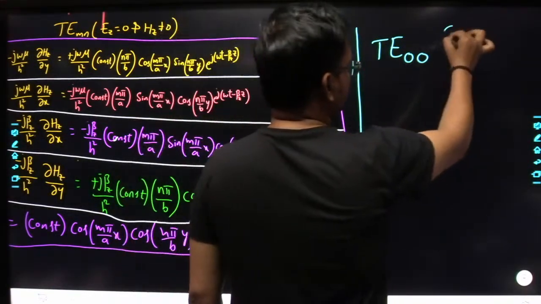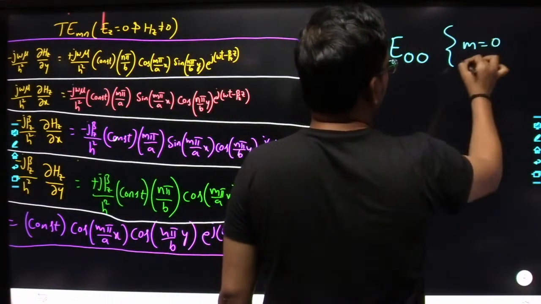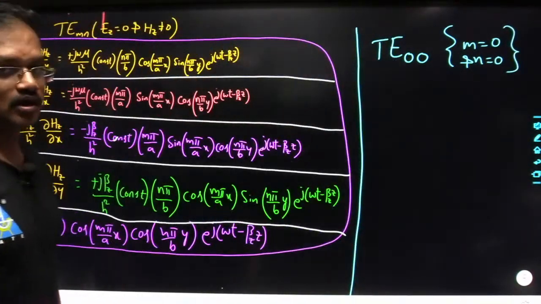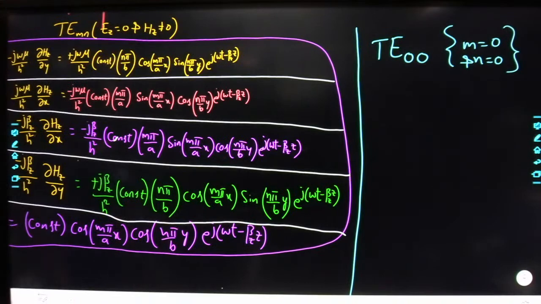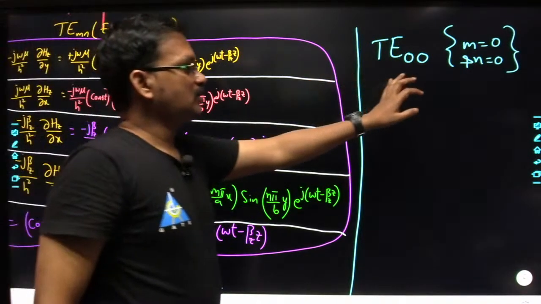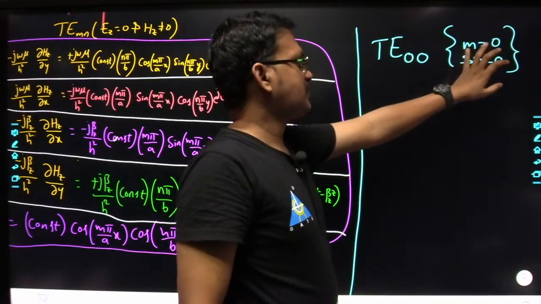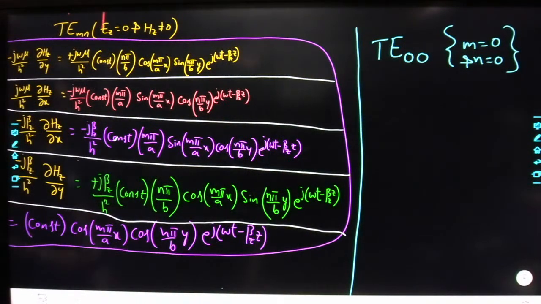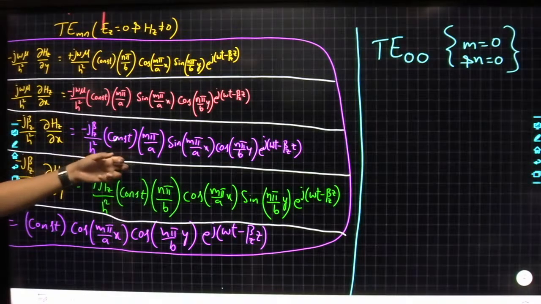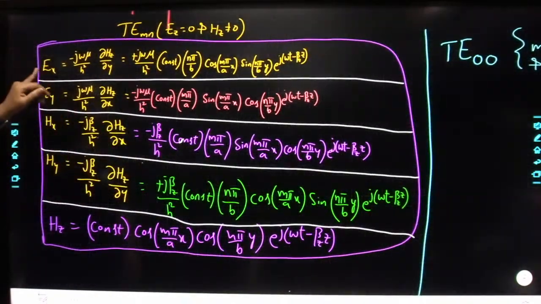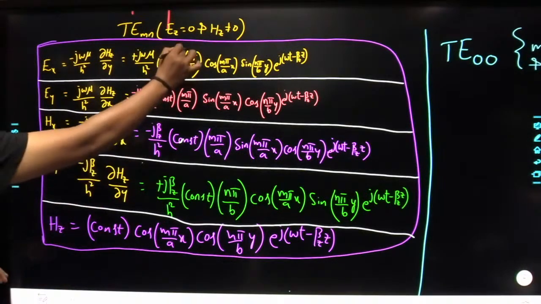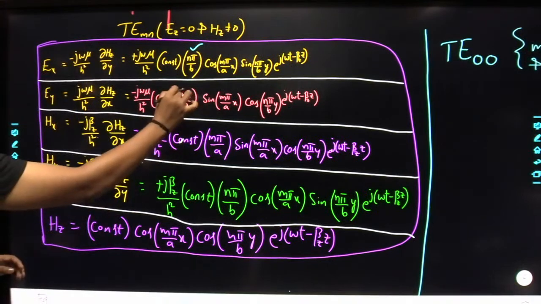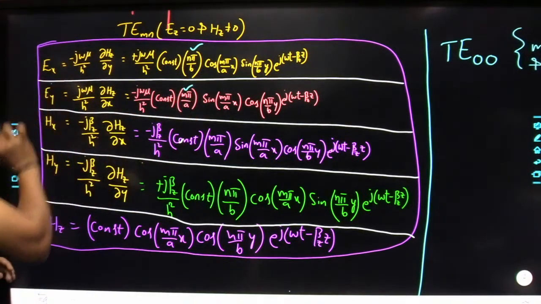Let us check whether this mode is possible or not. How can we check? We have to replace m equal to 0 and n equal to 0 in these expressions. Let us take Ex. Here you have n, so if you put n equal to 0, Ex will become 0. Here you have m, if you put m equal to 0, Ey will also become 0.